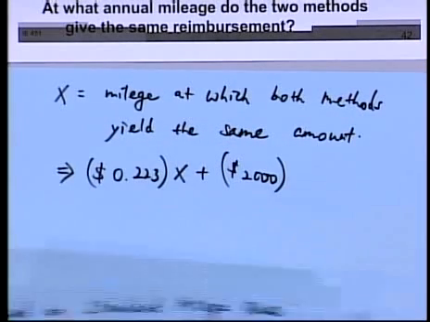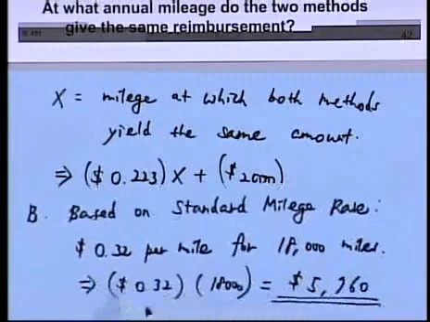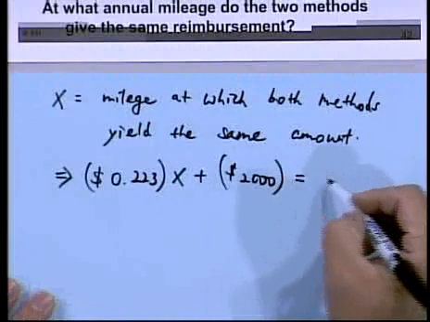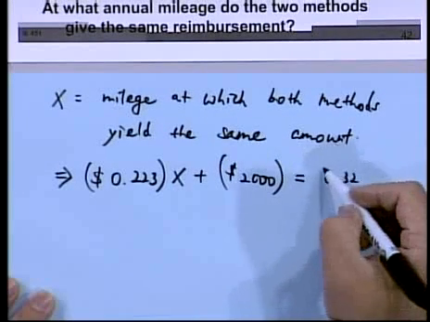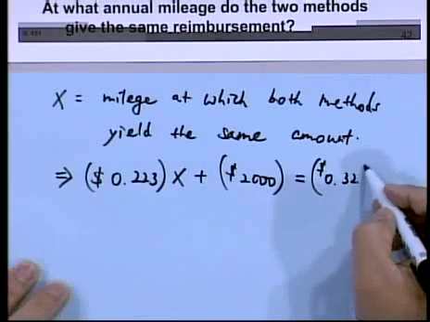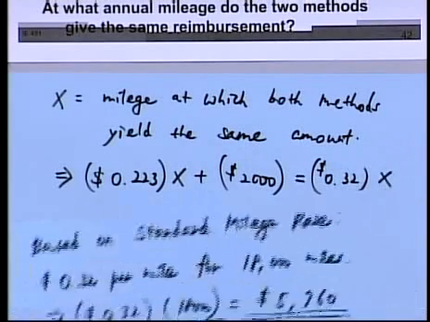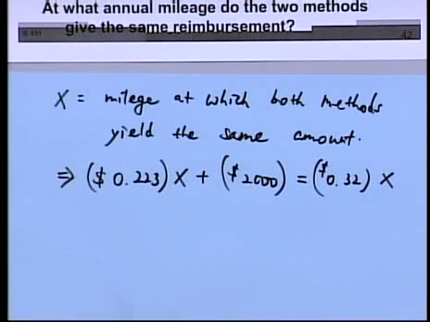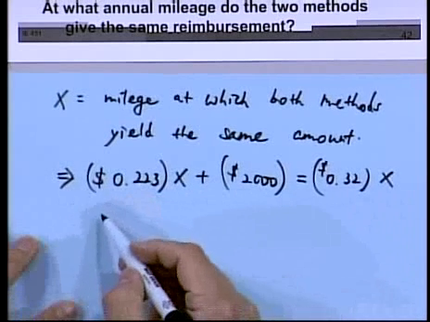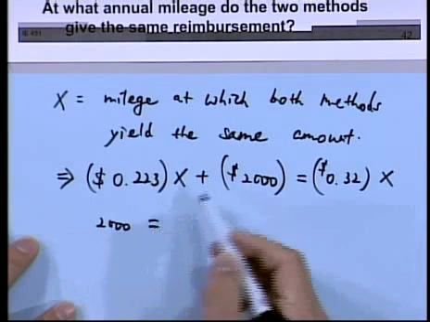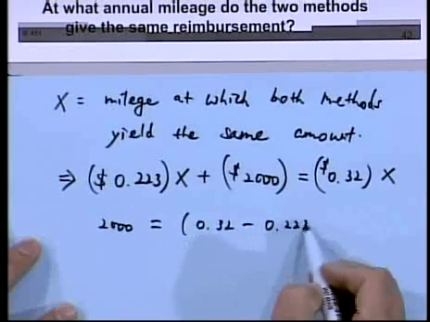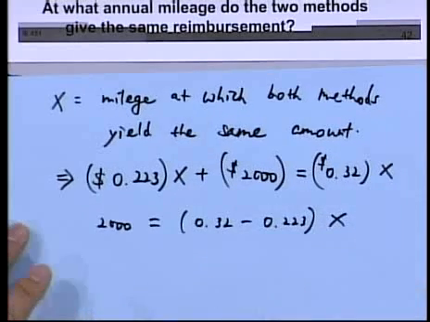And from Plan B, we're going to use this formula as well. It is equal to 0.32 times X. Again, instead of 18,000, we're going to use X. So here, 2,000 equals 0.32 minus 0.223 times X, right?